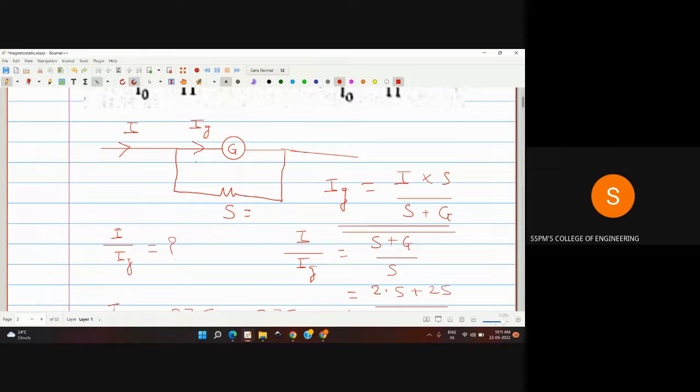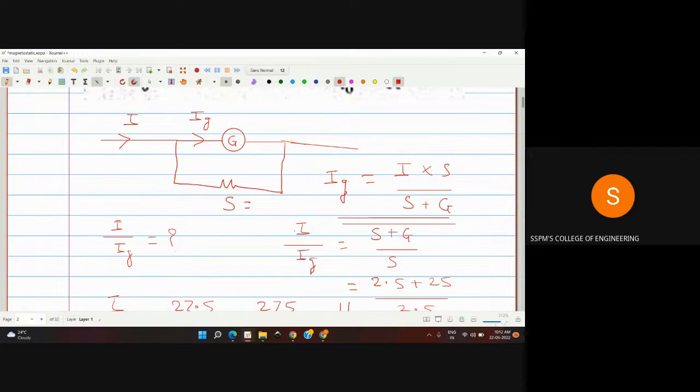The current in the galvanometer is equal to total current into opposite side of resistance divided by summation of resistances which are connected in parallel. आता S आणि G पॅरलल मध्ये आहेत, त्याचं समेशन घेतोय आपण, नंतर हे सॉल्व्ह केलेलं आपण. एकदम सिंपल आहे आणि जास्तीत जास्त गॅलनमीटरवरच एक्झाम्पल विचारलेलं आहे.